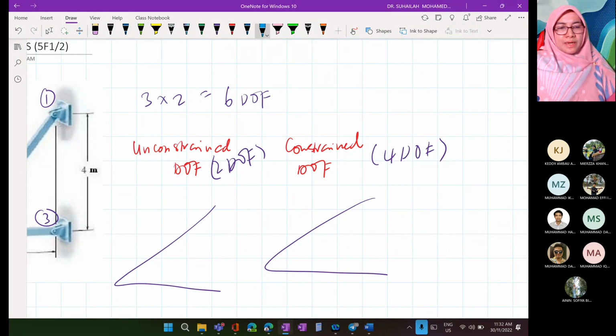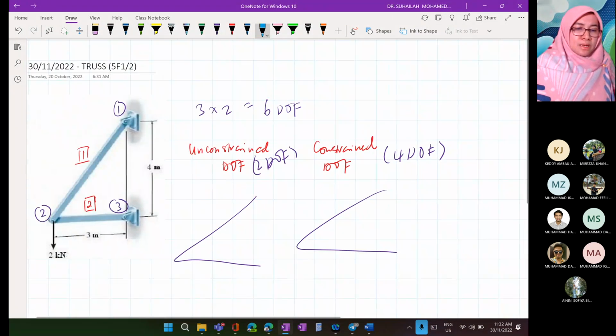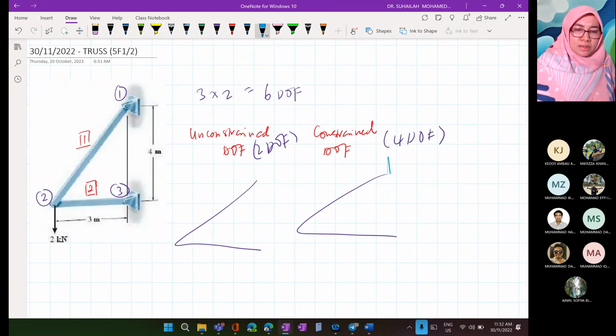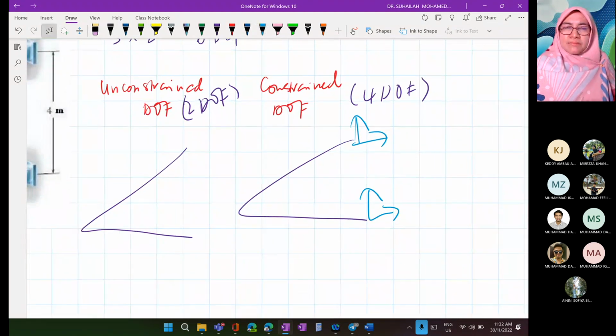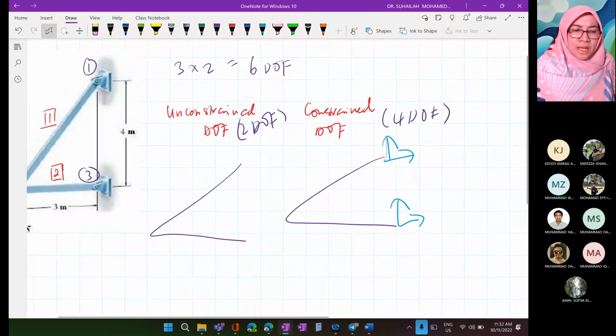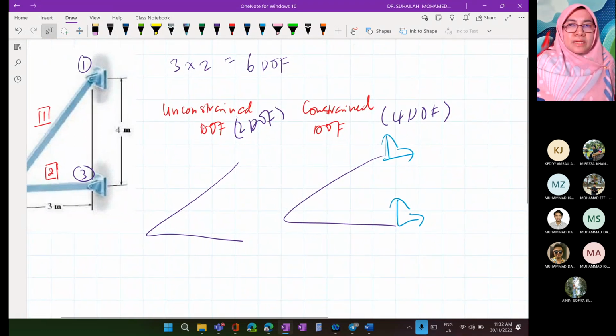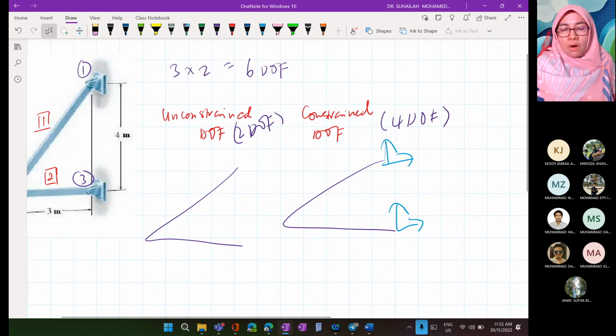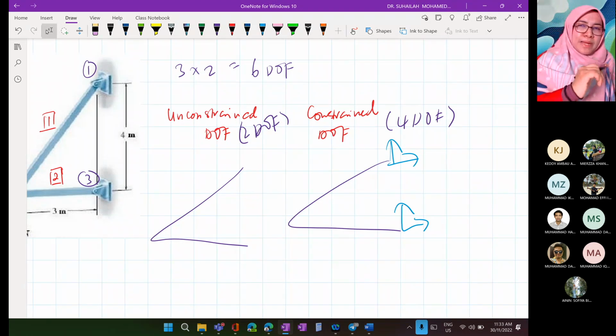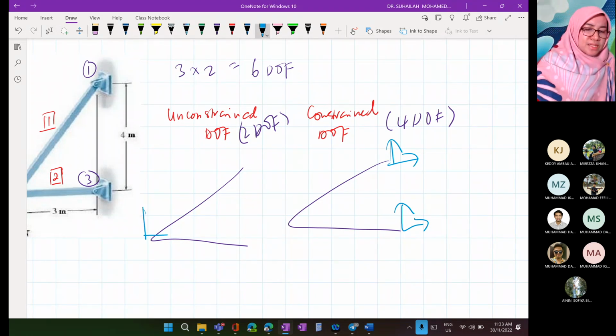We have to label 4 constrained at the supports. Here is 2 and 2, representing node number 1 and node number 3. There are 2 pin supports, one at node number 1, one at node number 3. So we have to sketch the degrees of freedom in the constrained system representing the supports, and complete another 2 in the unconstrained system.